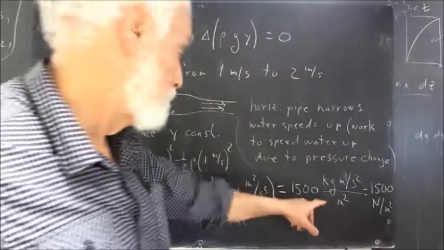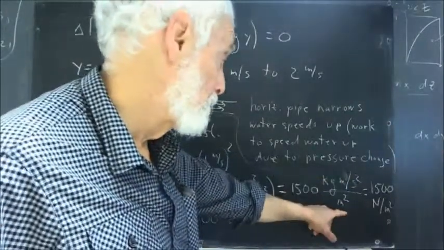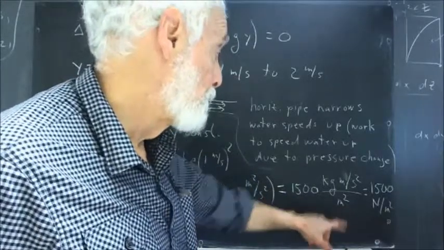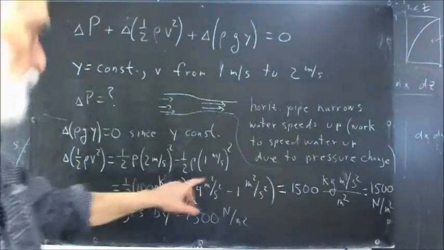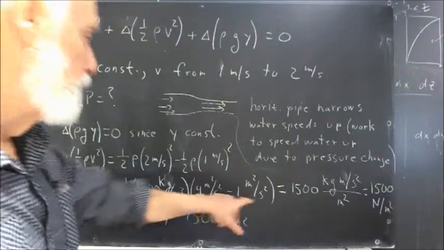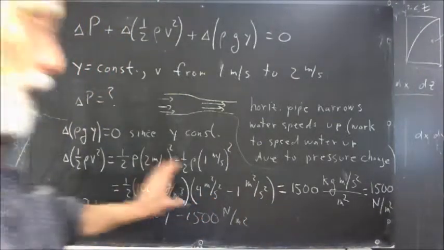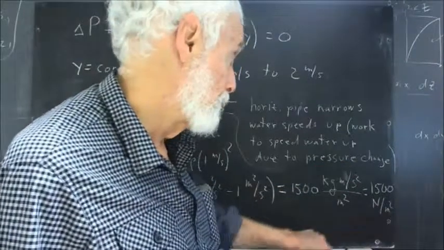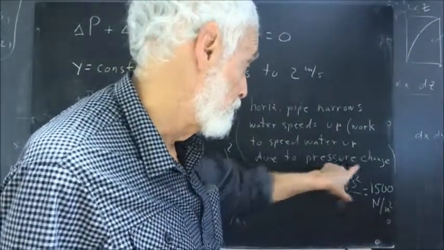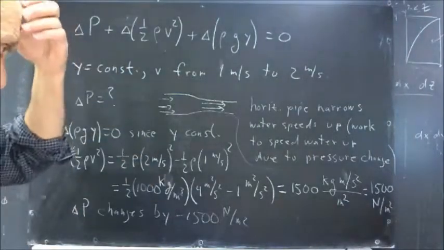Now that comes out to 1,500 kilogram meters per second squared per meter squared. If you multiply the kilograms by the meter, divide by the second squared, and then have a meter cubed in the denominator, you can convince yourself that it can be rearranged to this form, which is a newton divided by a meter squared, and that gives you units of pascals, units of pressure.